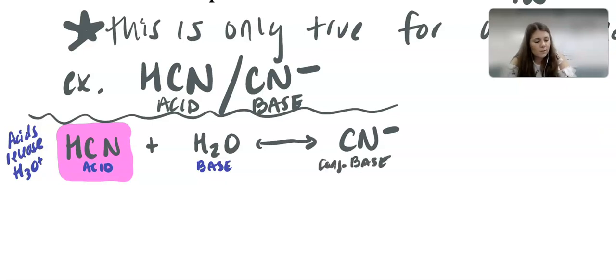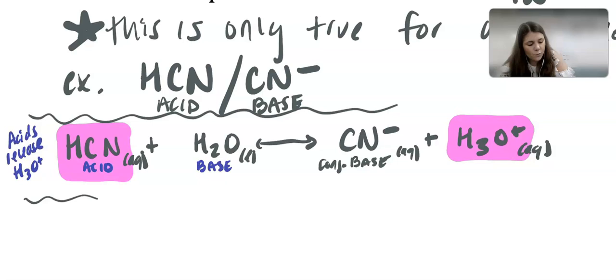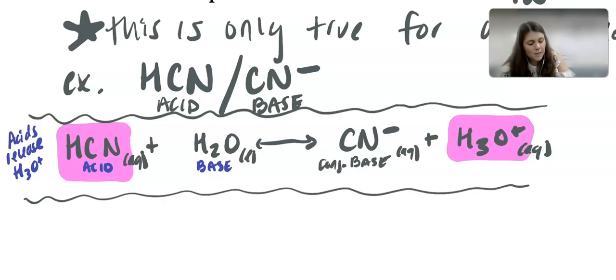I should probably write conjugate. There we go. Conjugate base plus hydronium. I'm proving to you that your weak acid, I should probably put states of matter, our weak acid, HCN, releases hydroniums, but it also made our conjugate base CN minus. Now let's write this as the base first. So let's say we had CN minus, the base, in water.